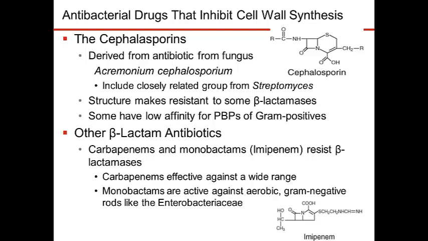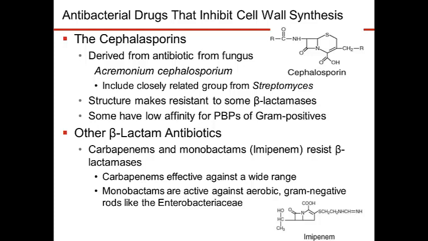There are several other beta-lactam antibiotics which inhibit cell wall synthesis. The cephalosporins are broader spectrum alternatives to penicillins. They have a different ring structure. They block the cross-linking of peptidoglycan. All cephalosporins have a modified beta-lactam ring.